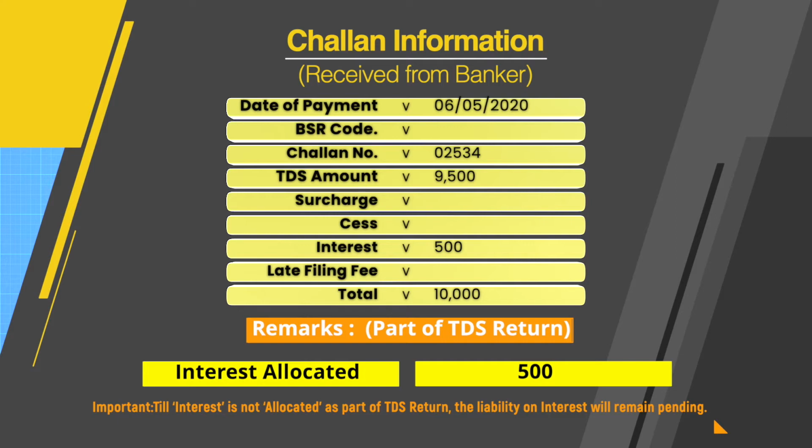The interest amount that you have already put in as part of the challan doesn't get allocated. You may even put in the interest figure as part of the TDS also, it doesn't matter. The important thing is that out of this total amount, the amount you are now allocating for the interest has to be very specifically specified.